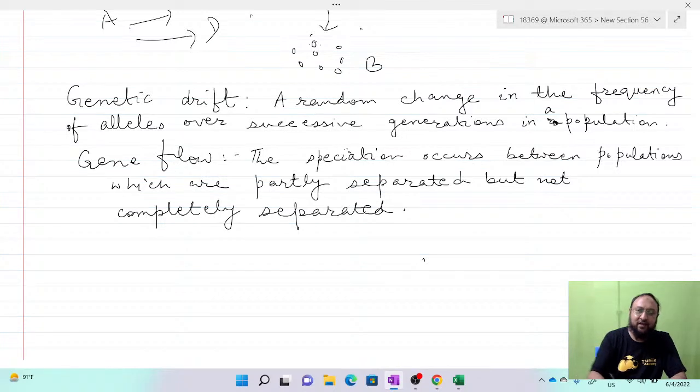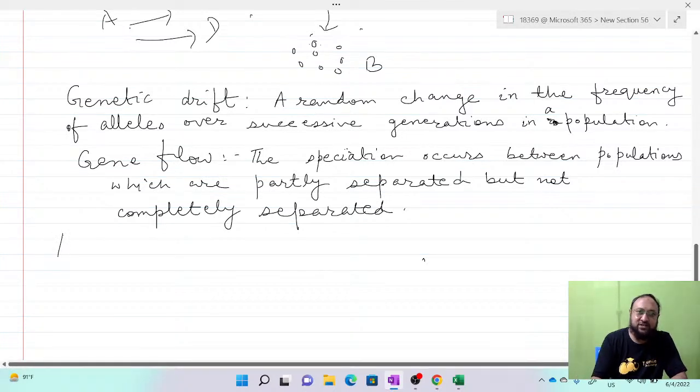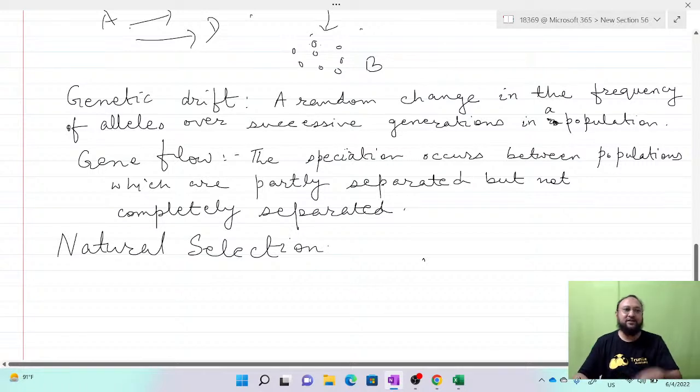Then there is natural selection. Another factor for speciation is natural selection. Nature selects and consolidates those organisms which are more suitable and adaptable.